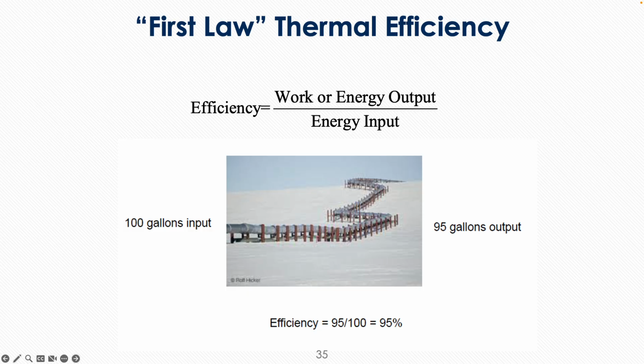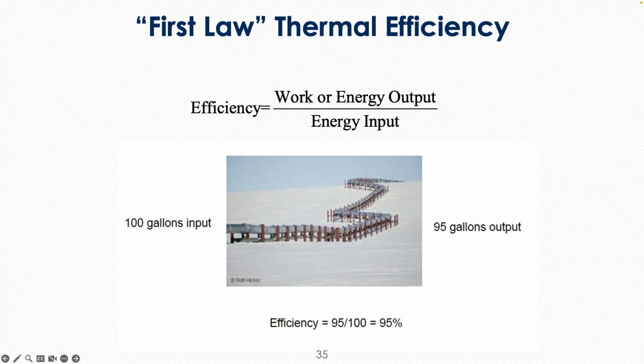Okay, and in a similar way, we might think about the efficiency of a pipeline, right? You might have 100 gallons going in on one end, but you might only get 95 gallons out. That's because you're leaking fuel somewhere, and so your efficiency is 95%.